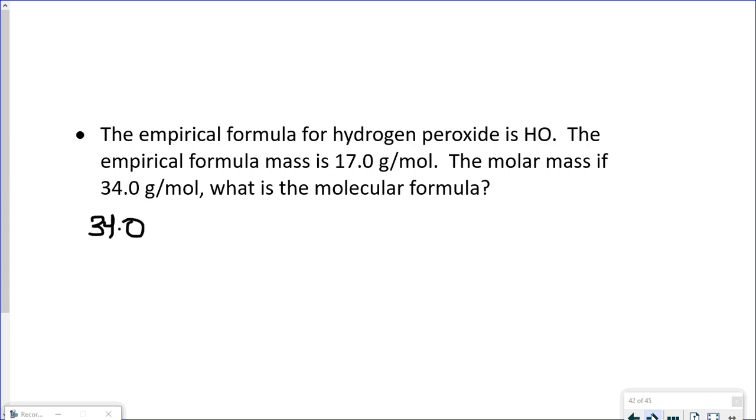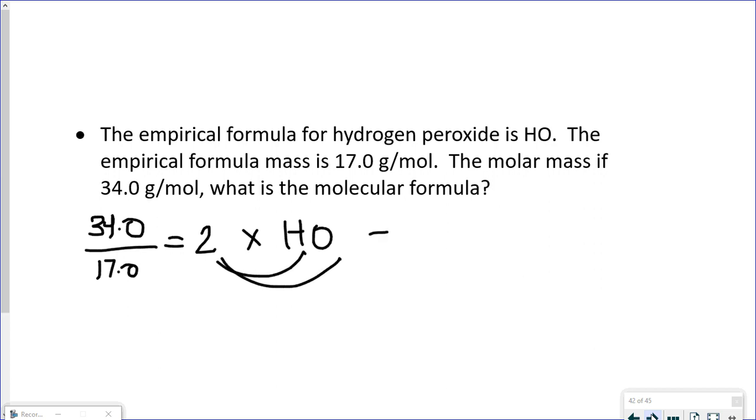That is divided by our empirical formula's mass, which we said was 17. If we divide those, we get that these are at a ratio of 2. So that means that our molecular formula, the subscripts are 2 times the subscripts in our empirical formula. So if we multiply this by the subscripts in HO, so you can easily just distribute it, our molecular formula for hydrogen peroxide is H2O2. And that's our molecular formula.